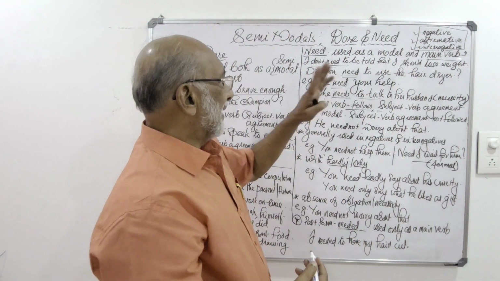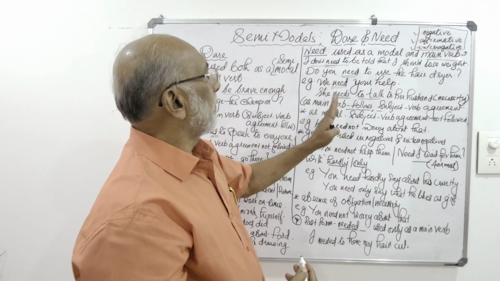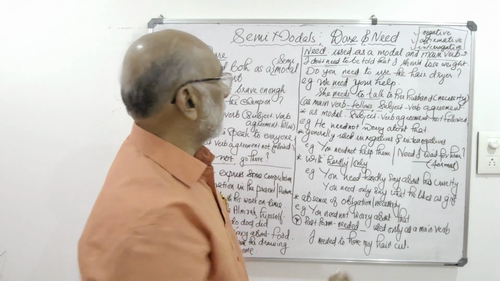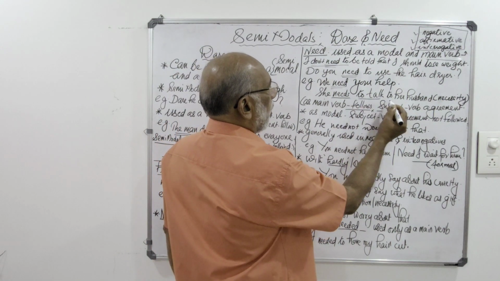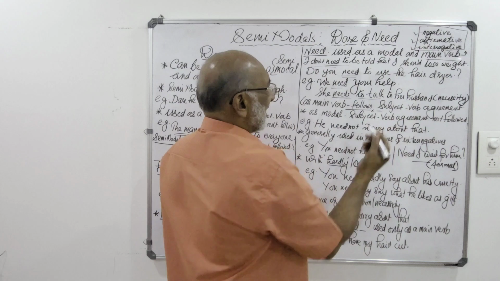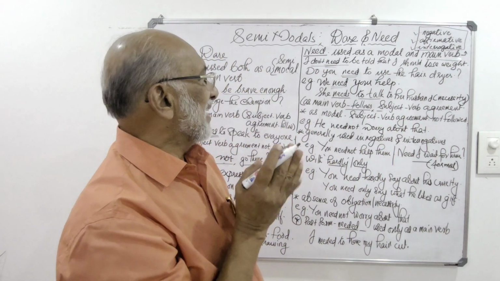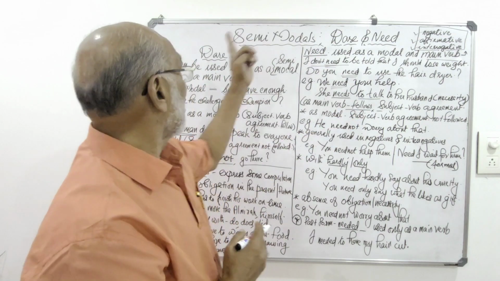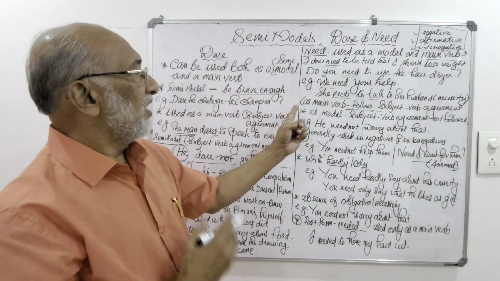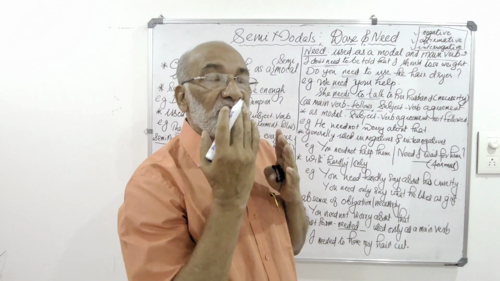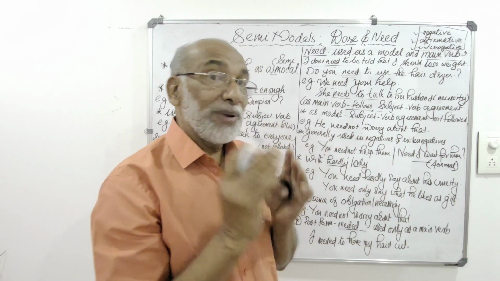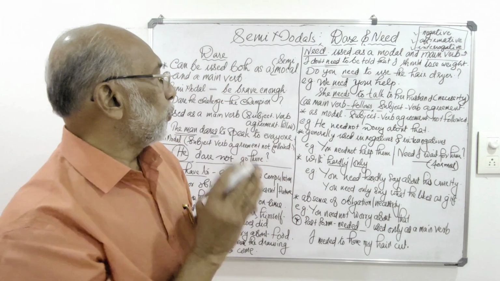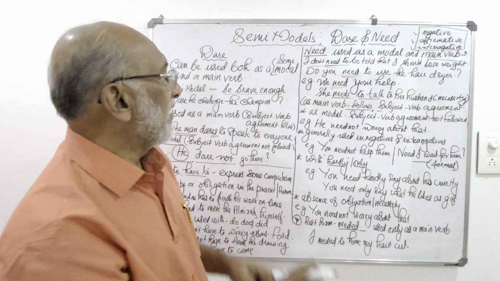One more example for need used as a main verb. She needs to talk to her husband. Here it expresses a necessity and it's used as the main verb, and as in the case of dare, need also follows the rule of the subject-verb agreement when we use it as the main verb.